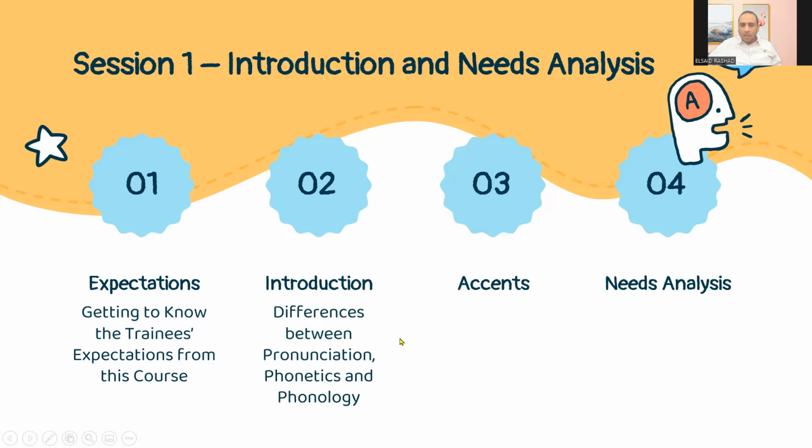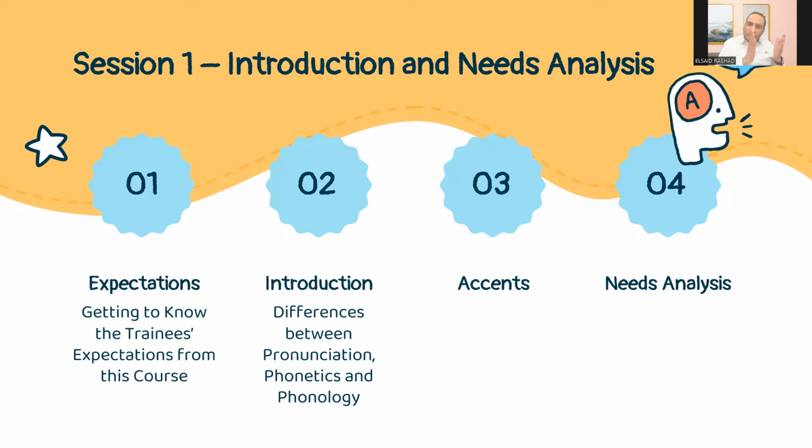And this one, we know the difference between pronunciation, phonetics, and phonology, because many people actually got confused. They confused the terms. They say, we are going to have a phonology course, but they are going to teach consonant sounds and vowel sounds. Consonant sounds and vowel sounds are not phonology.